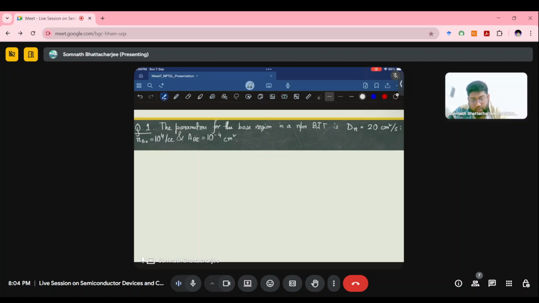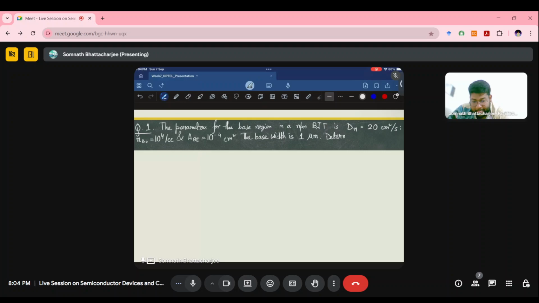ABE is the area of the base emitter, Dn is the diffusion coefficient, and NB naught is the carrier concentration in the base region. Now they are saying that the base width is 1 micron.